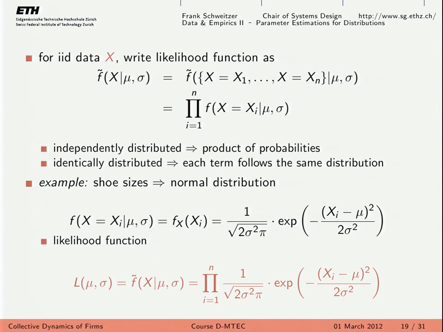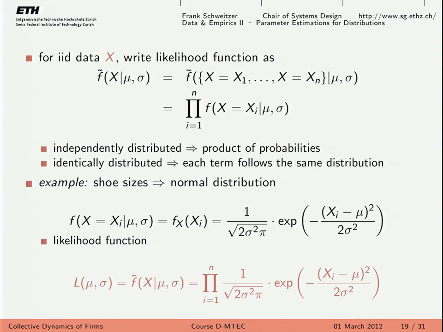So you understand this? So that means we have a product of all these normal distributions here. That is due to the fact that the variables were independent. The product comes from this. And they are identically distributed. That means they are all the products of the same normal distribution here. This is the message of it.